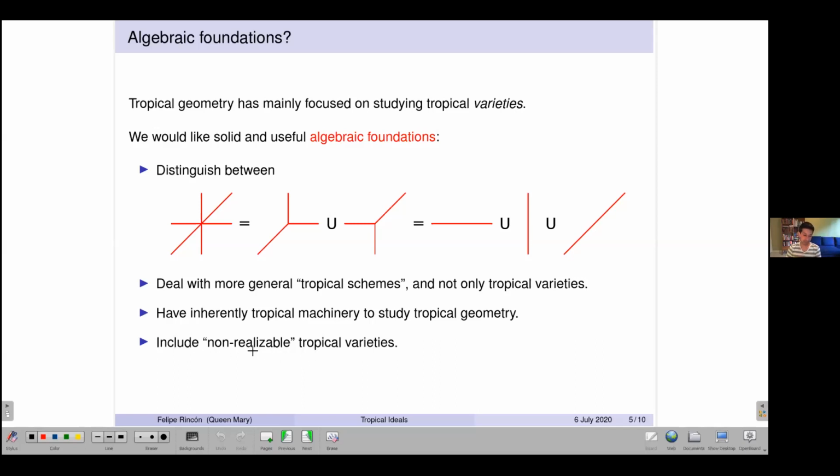This is what people call non-realizable tropical varieties. And it would be nice to have an algebraic theory that included some of these, so that we can maybe assign some algebraic object to these things, even though they do not come from the tropicalization of a classical algebraic variety. So these are some hopes, some ideas for why we want algebraic foundations in tropical geometry.